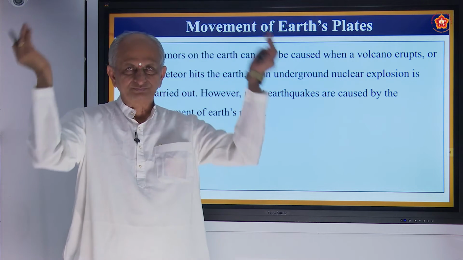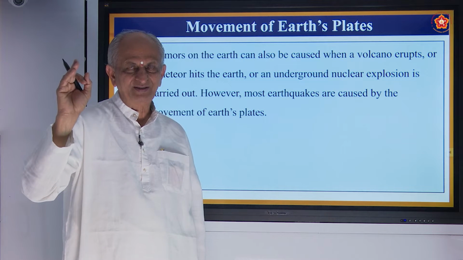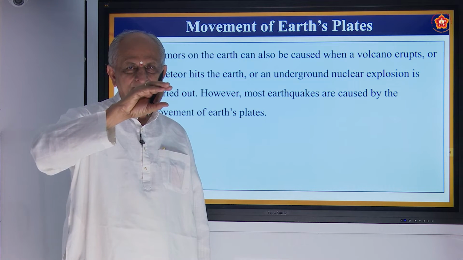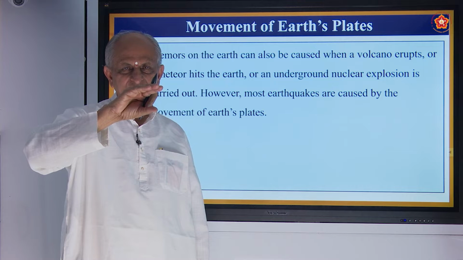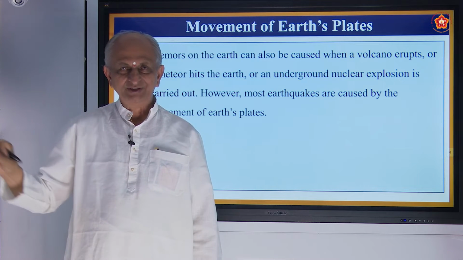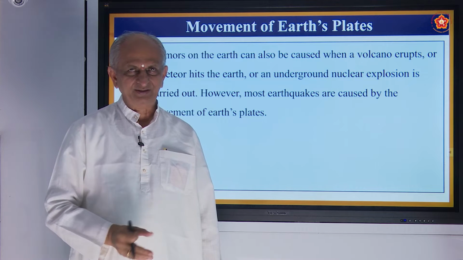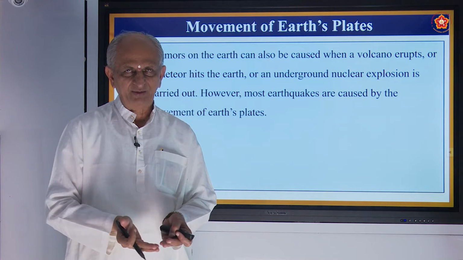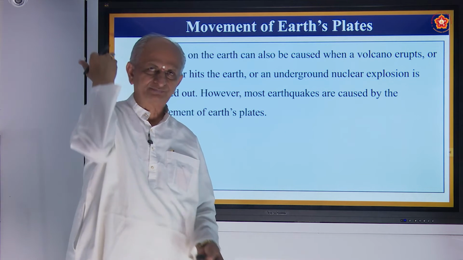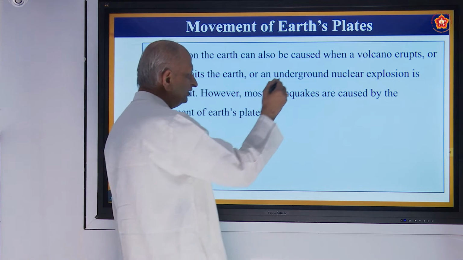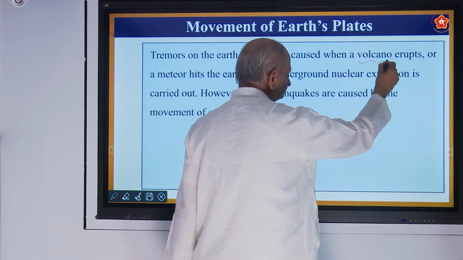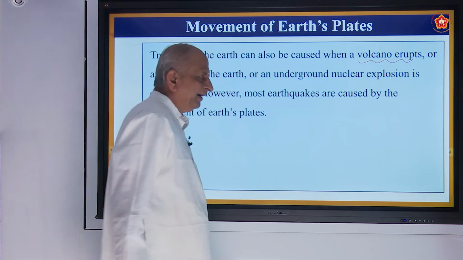That comes out where the earth's crust is very thin. If the crust is very thin, the magma, due to high temperature and pressure, comes out. That is what is called volcanic eruption. Erupting means coming out.